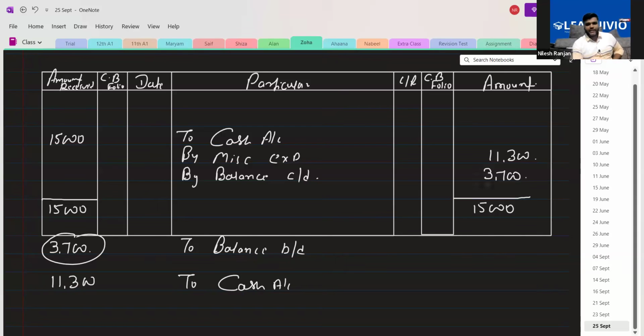So first we will carry forward this balance to the next time period, and then the petty cashier will receive the same amount he spent in the previous month. So 11,300, so that his total amount will be equal to 15,000, because in imprest system the amount is fixed. So 15,000 it is. Is that clear? Yeah, it's clear.